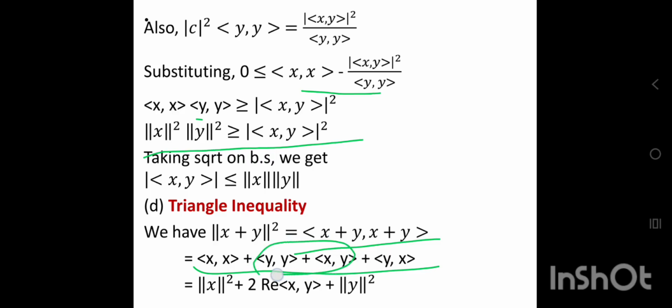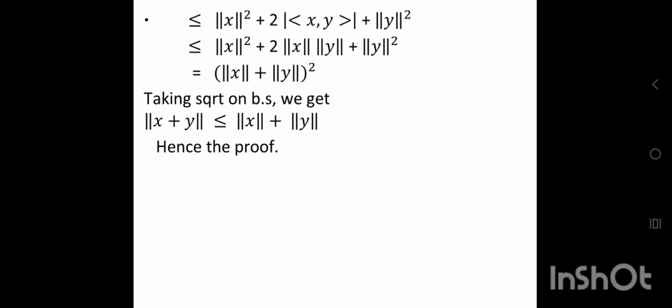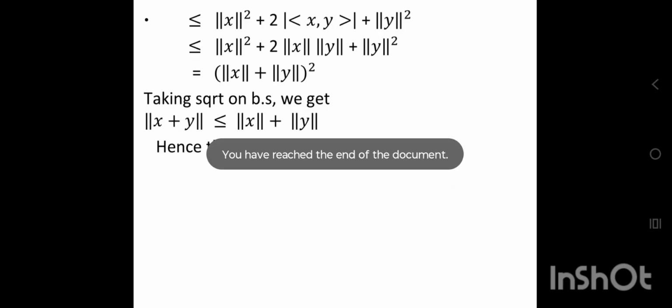You have to write those terms: 2 into real part of inner product x comma y plus norm y square. So this is less than or equal to norm x squared plus 2 into norm x into norm y plus norm y square. So using the formula for norm x plus norm y the whole square, taking square root on both sides, we get the triangle inequality result. Thank you.